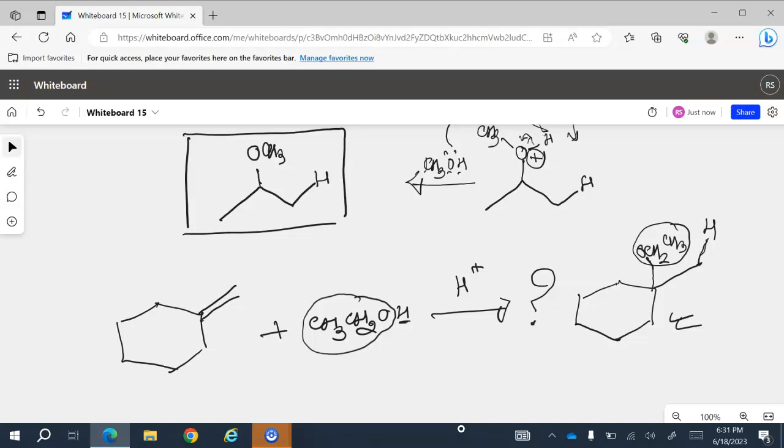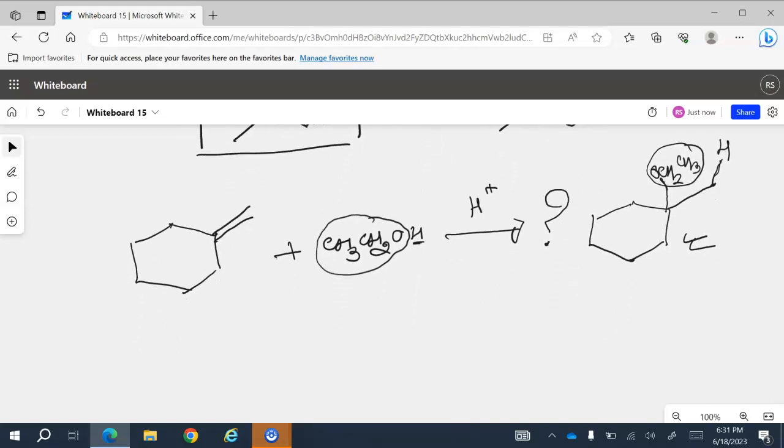Another example that we can also discuss: suppose we have something like this alkene and we want to add water in the presence of acid catalyst, right? We want to figure out what the product will be.